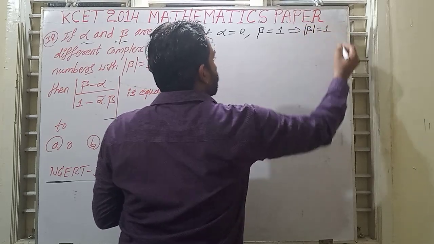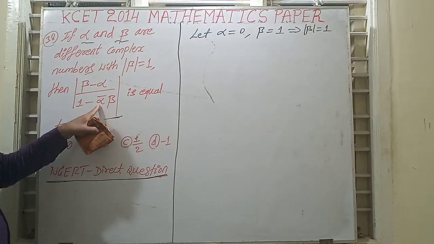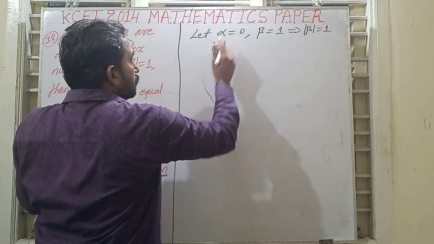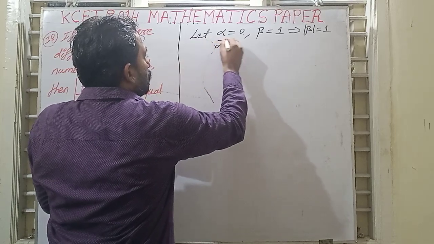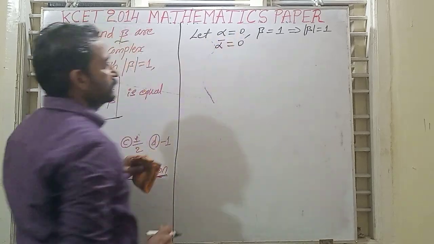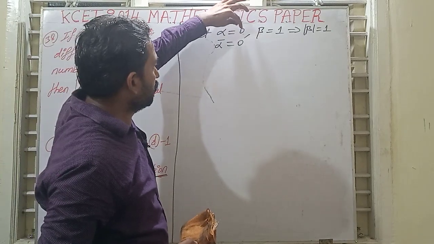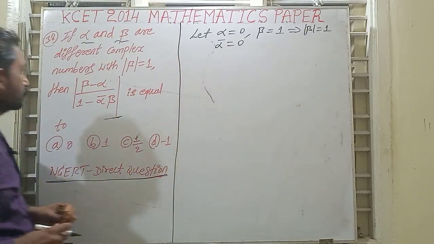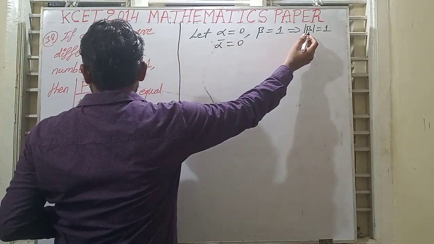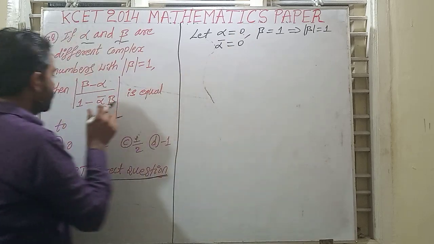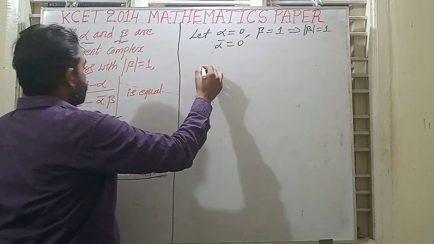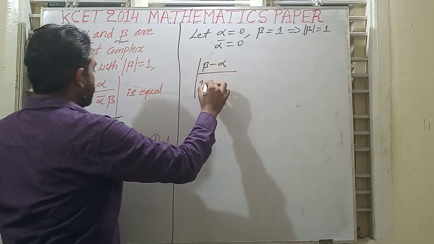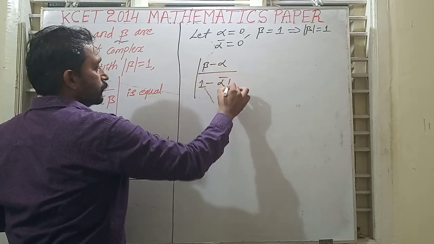Okay. So next, we need the conjugate of alpha. Conjugate of alpha means what? It is also 0, because 0 is a real number, so conjugate of alpha is also 0. So substitute alpha, beta and conjugate of alpha in this equation, we get the required answer. Beta minus alpha divided by 1 minus conjugate of alpha into beta.